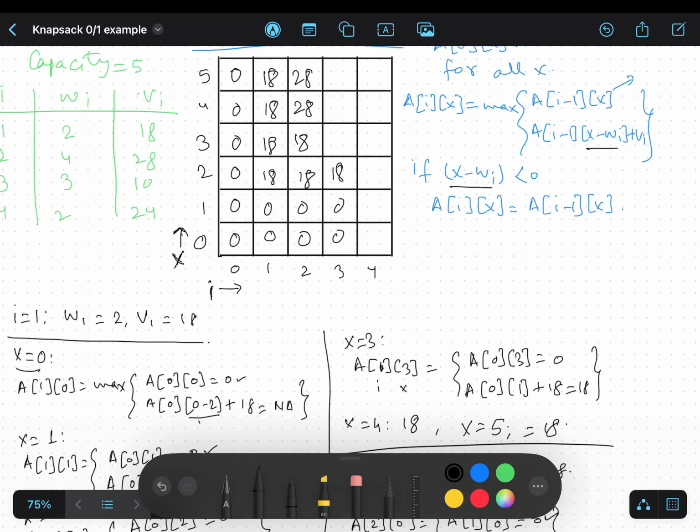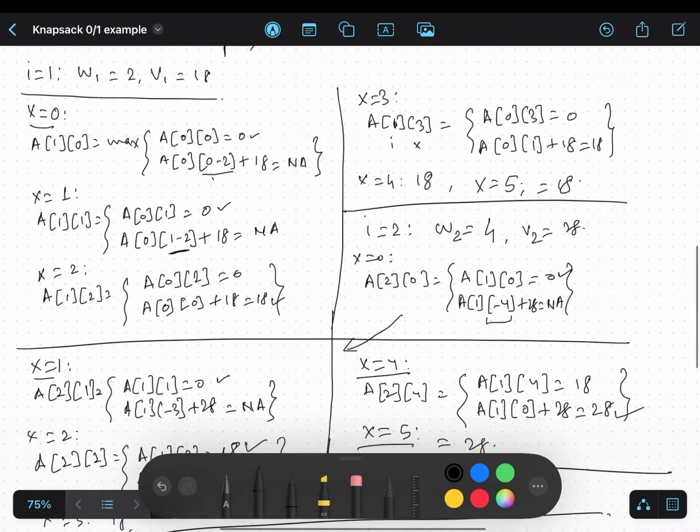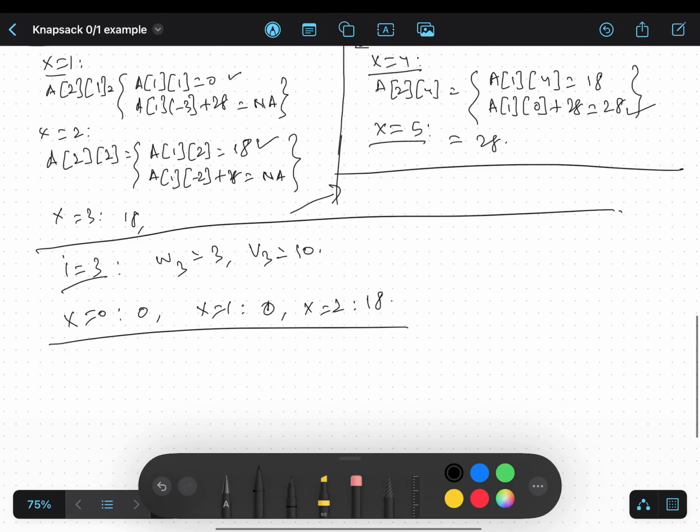Let's do for I is equal to 3 and x is equal to 3. Okay. So then x is equal to 3.